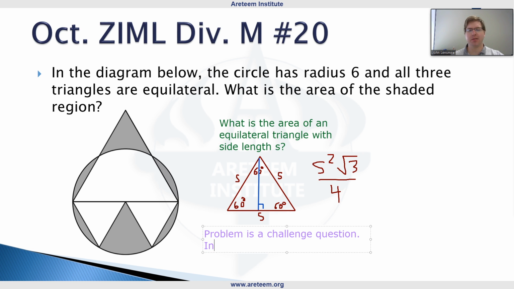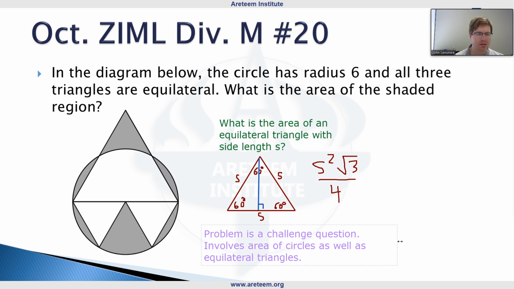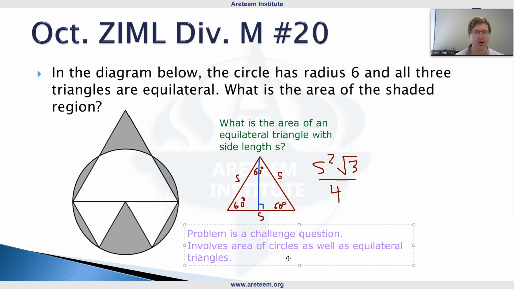So this involves the area of circles as well as equilateral triangles, so you're going to need to put multiple pieces together. Do you guys want the answer so you can check your work later on? It's a little bit harder than you might initially think. It's not going to be a nice answer in this case.